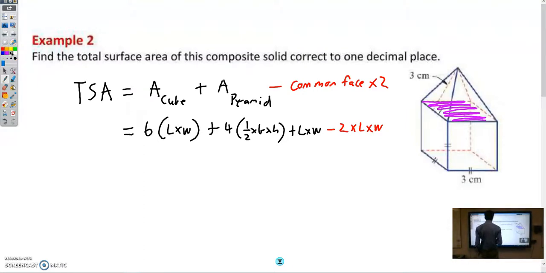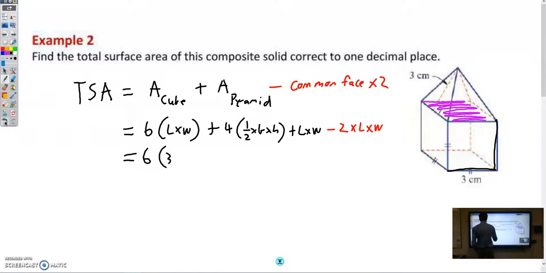All right, straight away I can simplify this. I have 6 times length times width, plus length times width, minus 2 times length times width. So I could do my cancellations here. However, if you're uncertain with doing that, you can just proceed with your substitution. 6 times my length of my square is 3. My width is also 3.